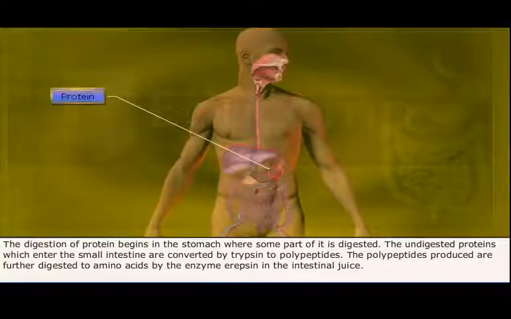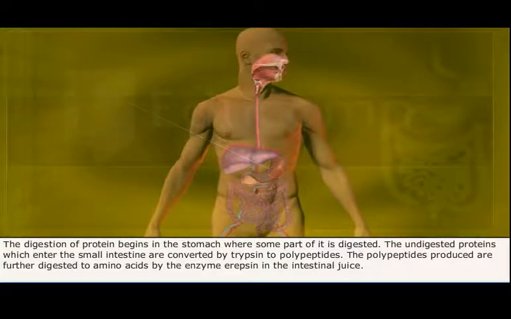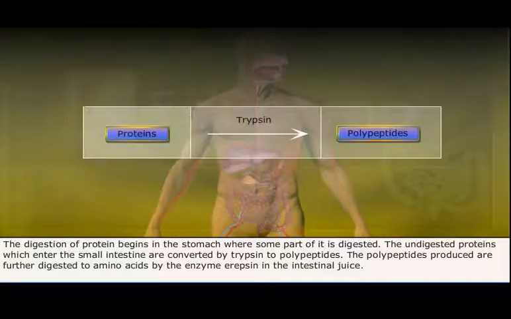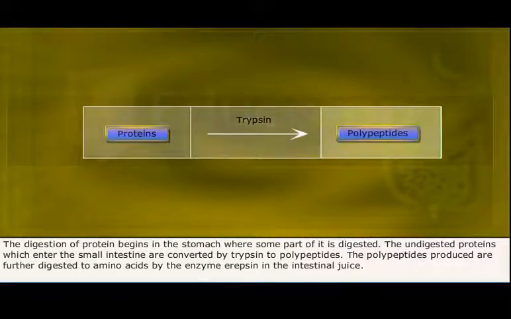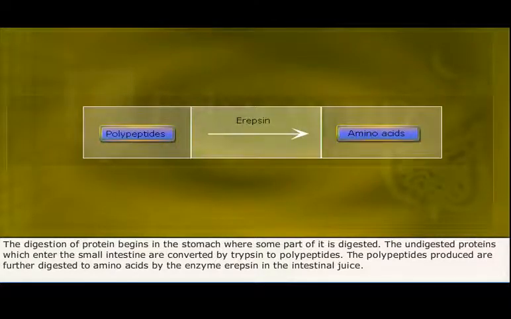The digestion of protein begins in the stomach, where some part of it is digested. The undigested proteins which enter the small intestine are converted by trypsin to polypeptides. The polypeptides produced are further digested to amino acids by the enzyme erepsin in the intestinal juice.